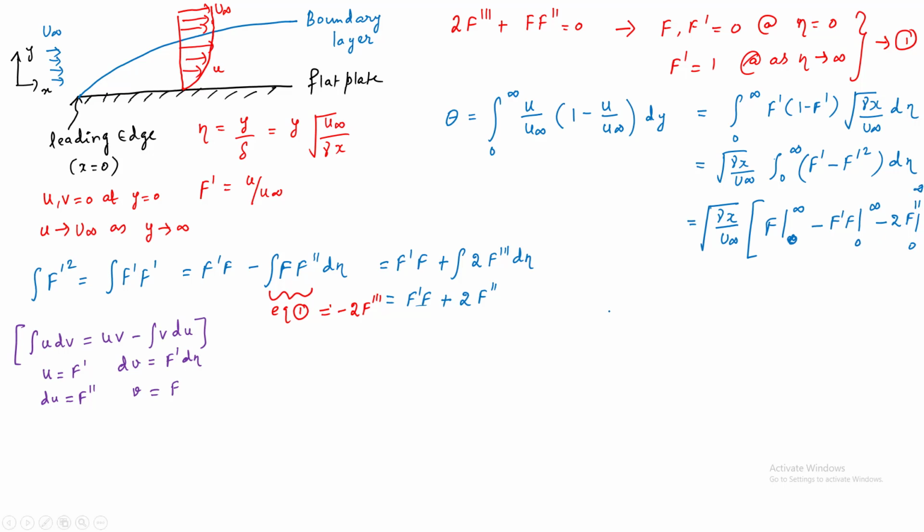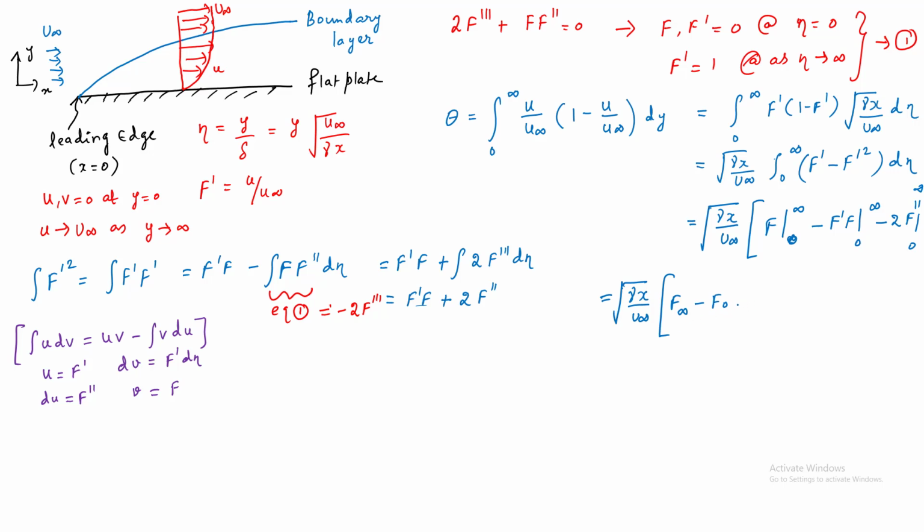If we substitute the limits, this becomes f at infinity minus f at 0, meaning f at η equal to infinity and f at η equal to 0.